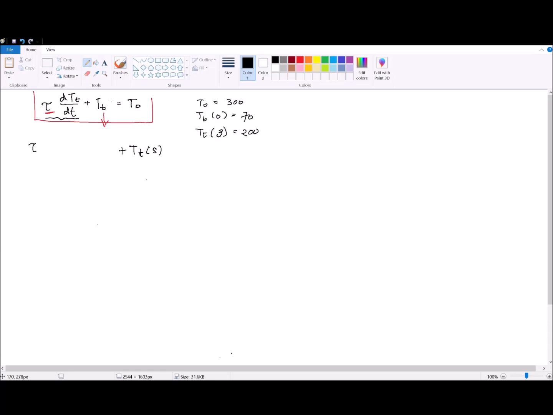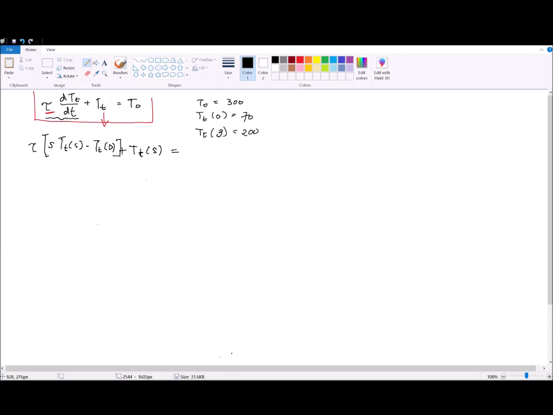But the first derivative of T sub t here, when we Laplace it, if you refer to the Laplace transformation property, will be equal to s, the Laplace variable, times the function T sub t in the Laplace domain, minus T of t, the function of time when time is equal to 0.